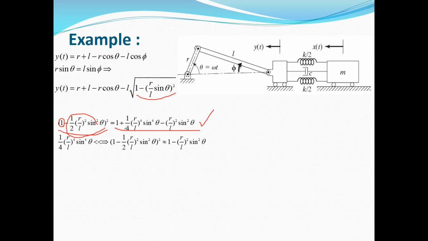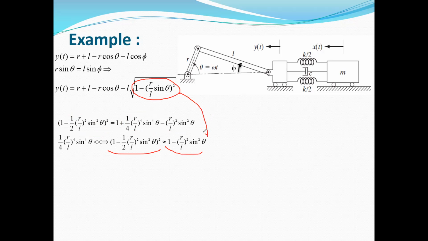And when this term is very small, we can neglect it. Finally, we can conclude that this phrase squared is approximately equal to 1 minus r over L squared times sine theta squared, which in fact is the phrase under the radical.